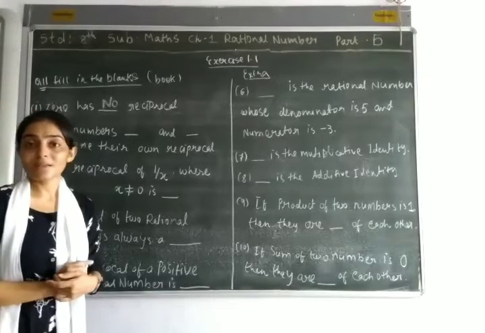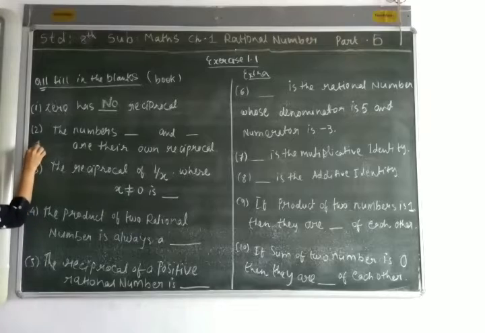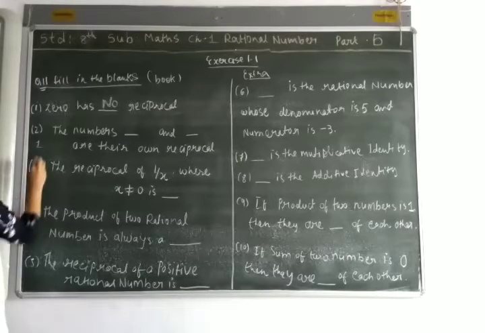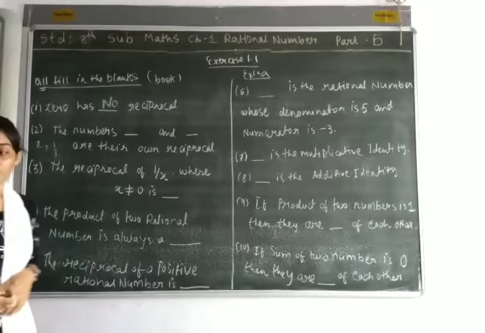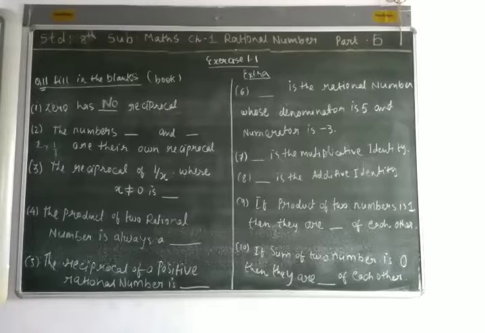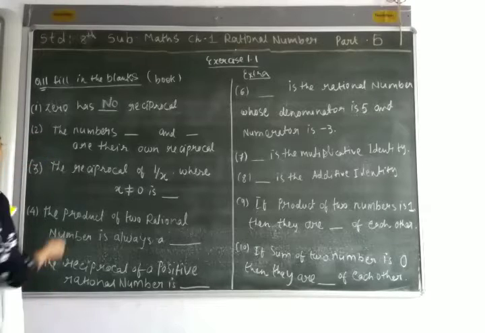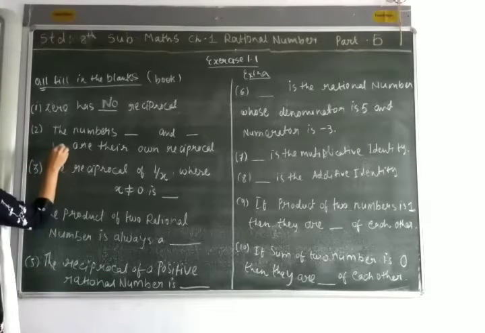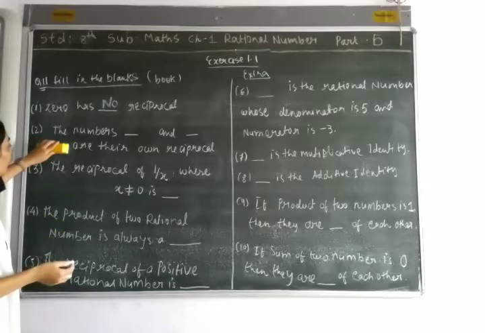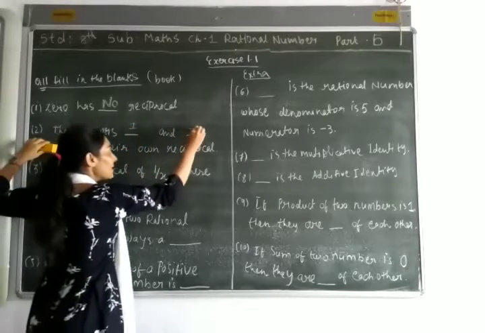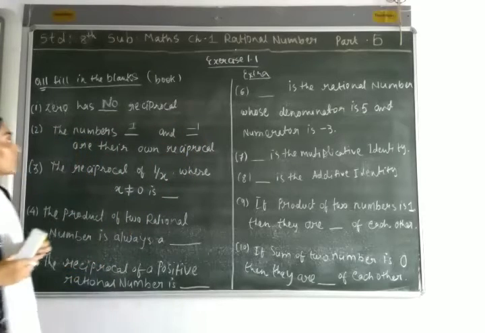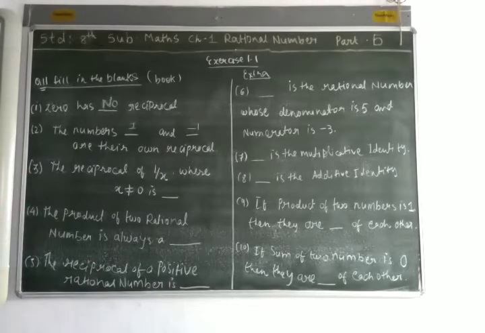There are only two numbers. If you take 1, the inverse of 1 upon 1 is again 1. So the numbers 1 and minus 1, these two numbers only, are their own reciprocals.